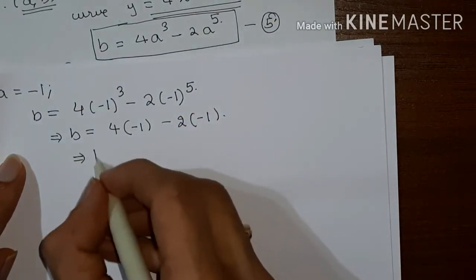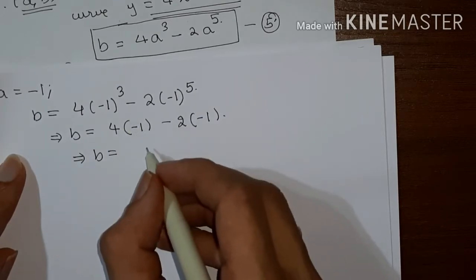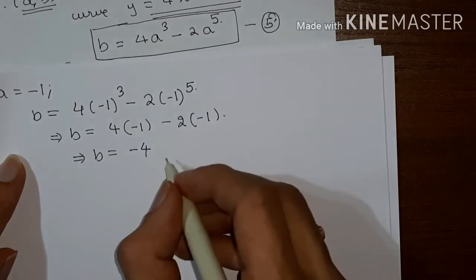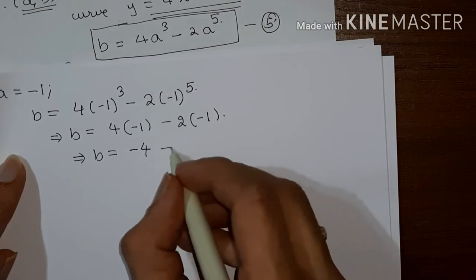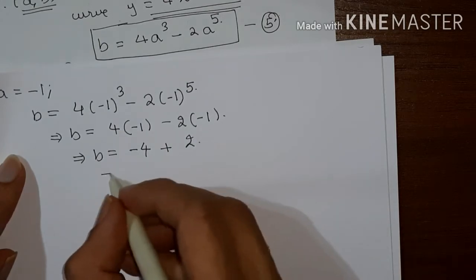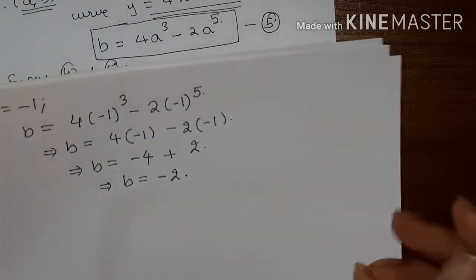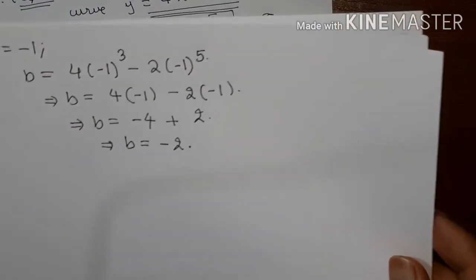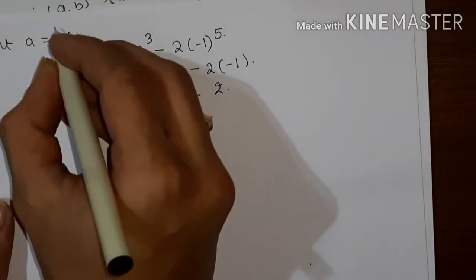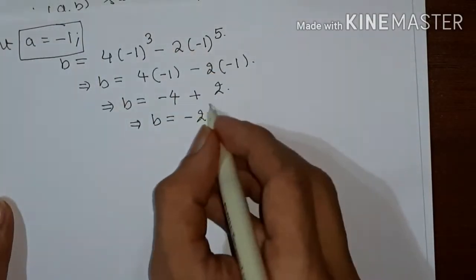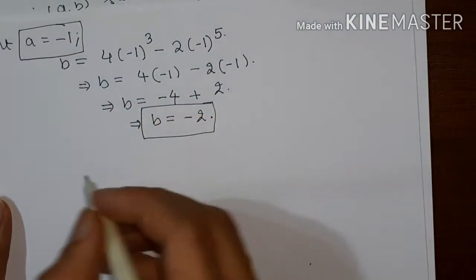So b is equal to 4 multiplied by minus 1, which is minus 4, and minus minus is plus 2. So we get b equal to minus 2. So at a equal to minus 1, we get b equal to minus 2.